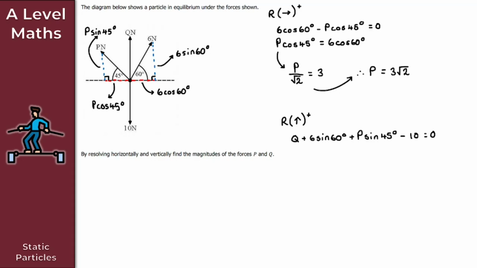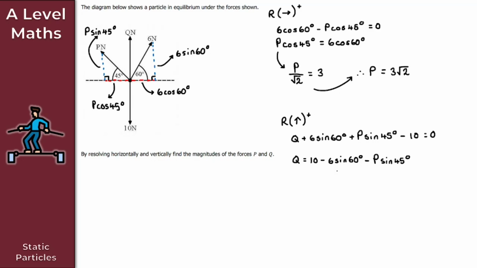So because we're now looking to solve for Q here, what I'm going to do then is take everything else to the other side. In that case, Q is equal to 10 minus 6 sine of 60 degrees minus P sine of 45 degrees here.